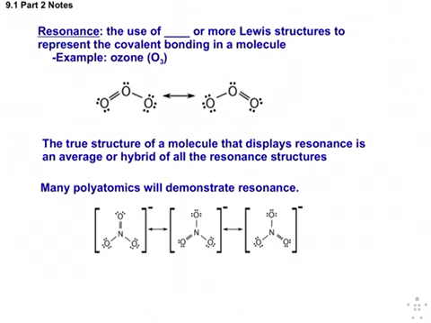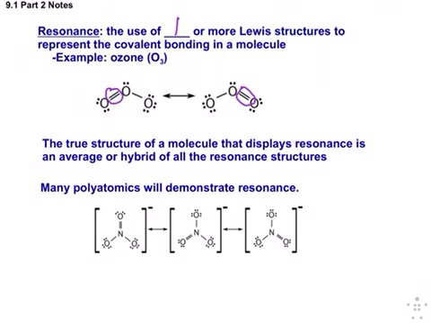All right. Sometimes you might notice that a double bond or a triple bond could be in multiple places. This is what we call resonance. Resonance is the use of one or more Lewis structures to represent covalent bonding in a molecule. An example here is ozone. Ozone can be drawn with the double bond on the left side or on the right side.